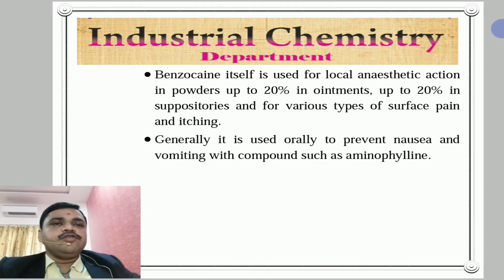Next point, benzocaine itself is used for local anesthetic action in powders, up to 20%, in ointments, up to 20%, in suppositories, and for various types of surface pain and itching. And last point, generally it is used orally to prevent nausea and vomiting with compounds such as aminophylline. So these are the properties and medicinal application of benzocaine.